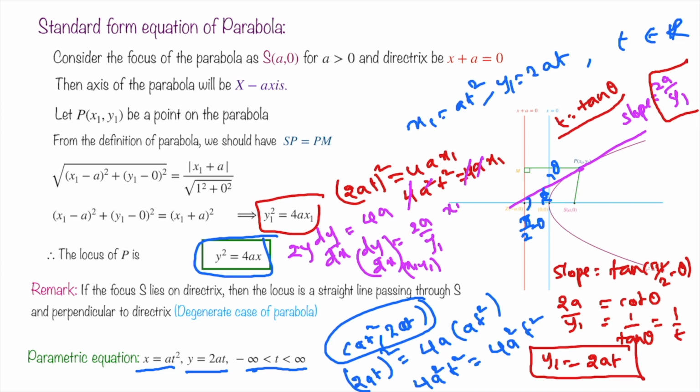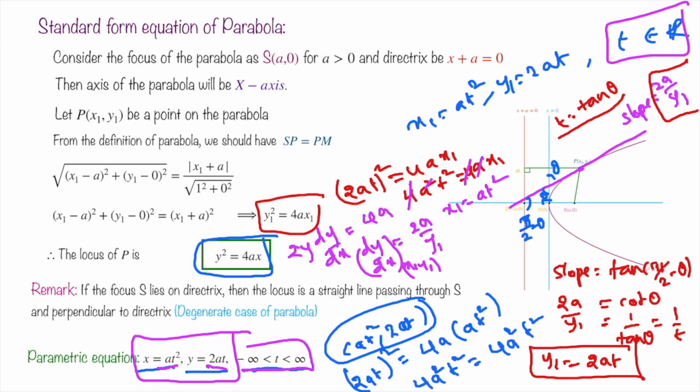So we got x1 equal to at square. Any point in fact in this form (at square, 2at) for some t belonging to R. That's why x equal to at square, y equal to 2at for t from minus infinity to infinity is going to be the parametric equation of this particular curve y square equal to 4ax.